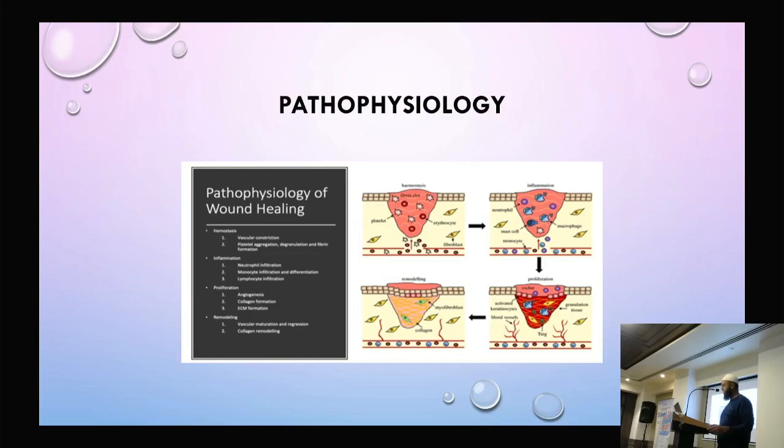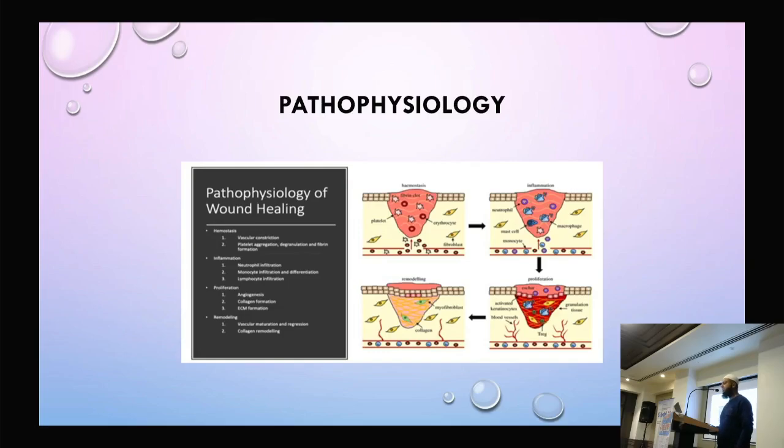The first process, as we know, after trauma or insult of any kind, is hemostasis and clot formation, with vasoconstriction, platelet aggregation, degranulation and fibrin formation. Second is inflammation, where neutrophils, fibroblasts, histiocytes and mast cells come, proliferate and degranulate, and there is a release of various cytokines, interleukins and growth factors.